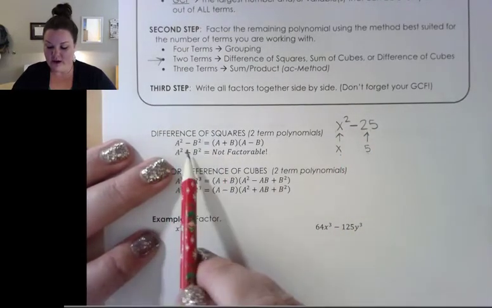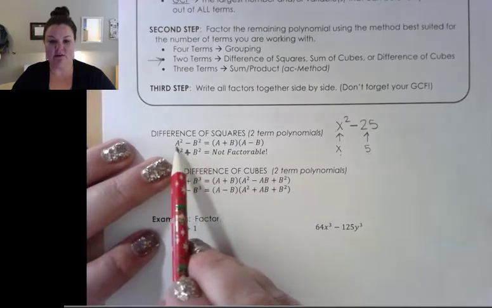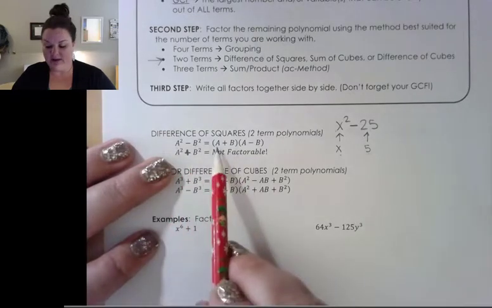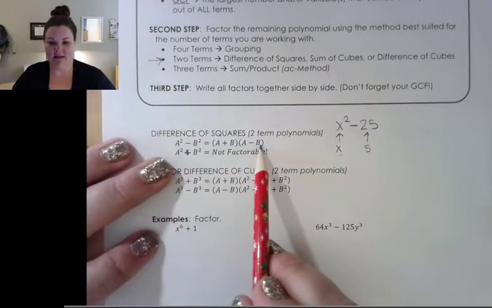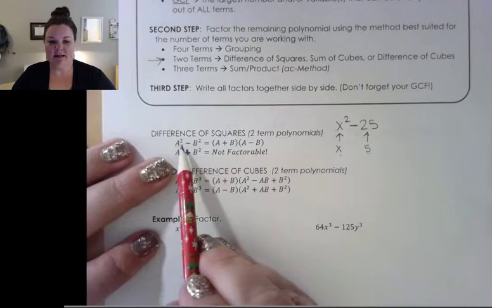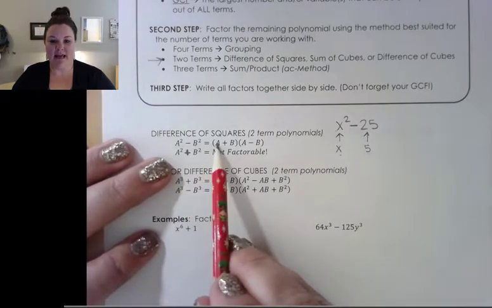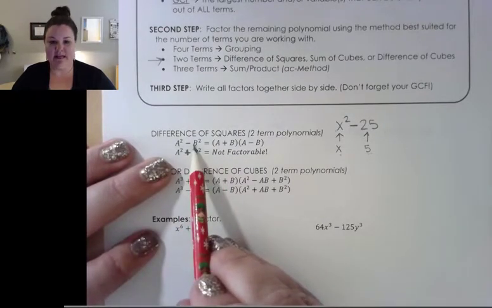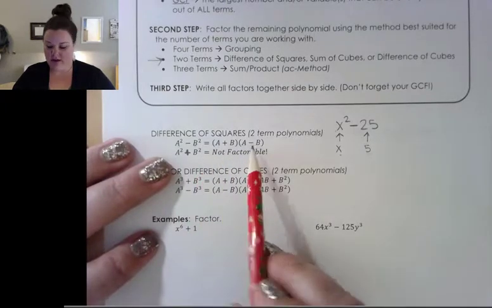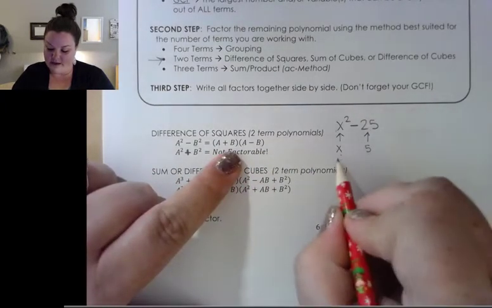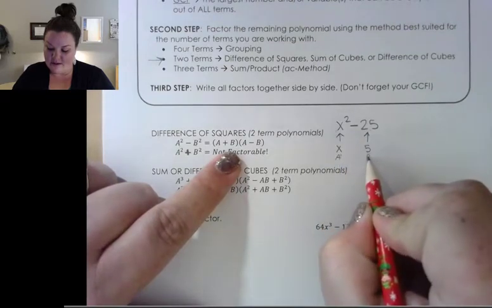So a difference of squares, if I know what these bases are that are being squared, it will always factor into the first base plus the second, and then the first base minus the second. So if I know that the base of my first perfect square is a, and I know the base of my second perfect square is b, then all I do is plug it into this formula. Okay, so for my little example right here, this would be like our a and this would be like our b.